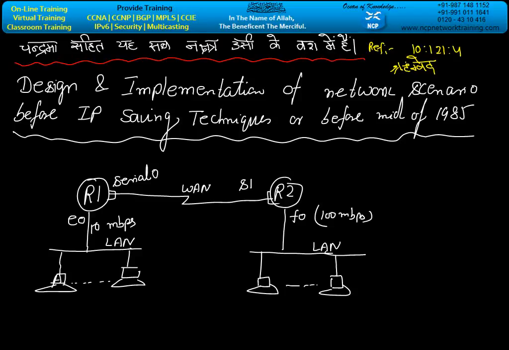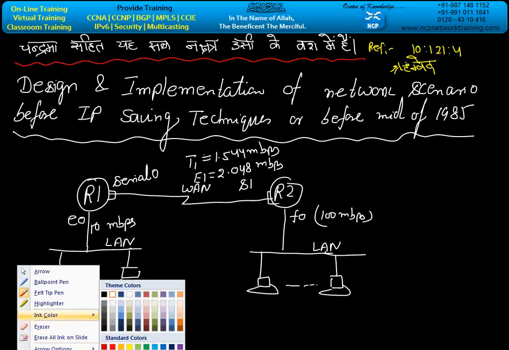And the serial link can be T1 link. T1 means 1.544 Mbps, and E1 means 2.048 Mbps, generally known as 1 Mbps link and 2 Mbps link.